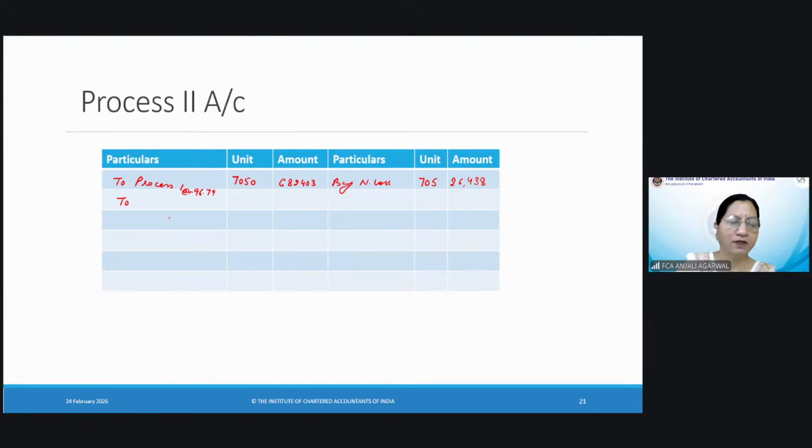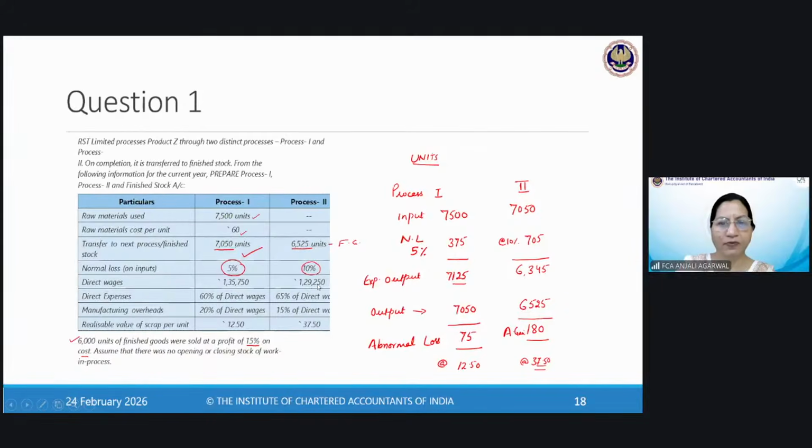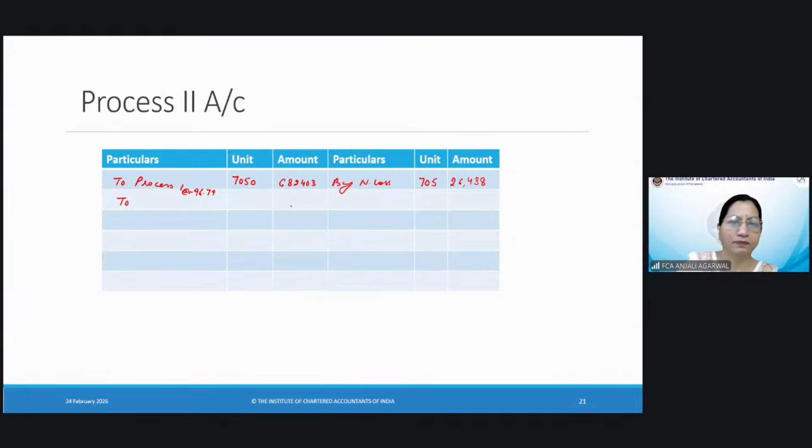Then you will incur other costs in process 2, which is 129,250. And of 129,250, direct expenses are 65%.